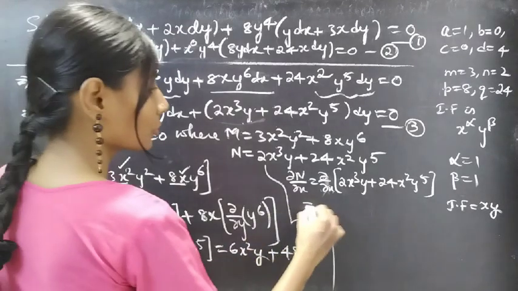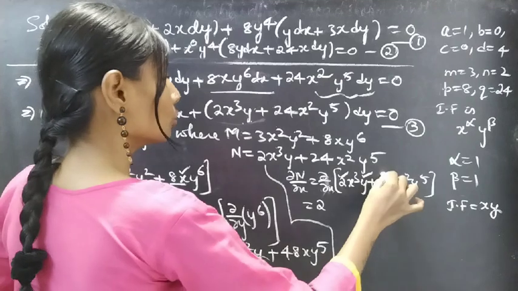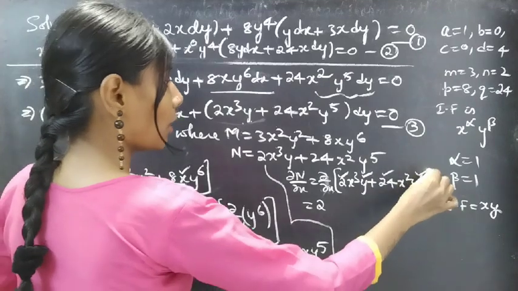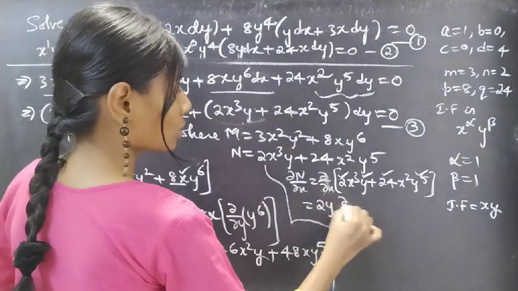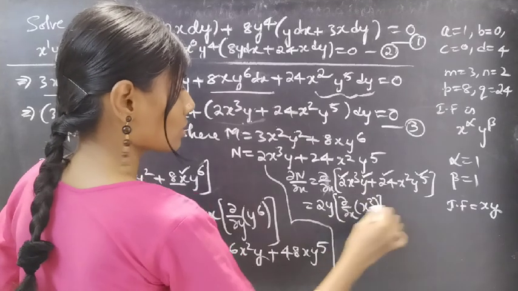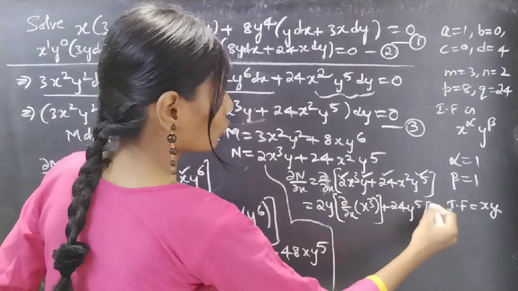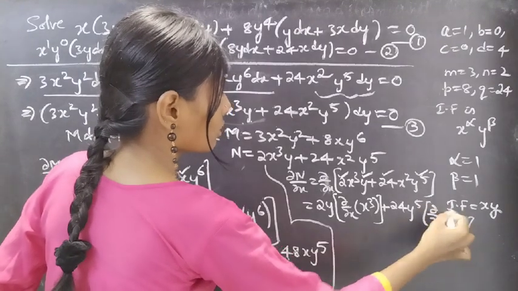So in the first term, 2 and y are constant, and in the second term, 24 and y⁵ are constants. So you'll get 2y into the partial derivative of x³ with respect to x, plus the constant 24y⁵ into the partial derivative of x² with respect to x.